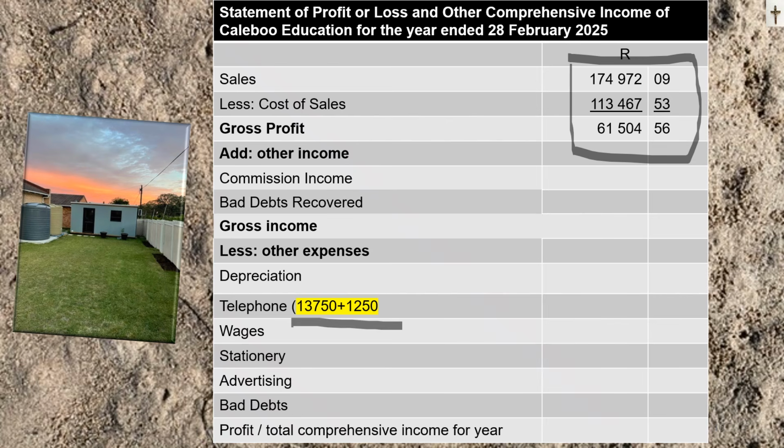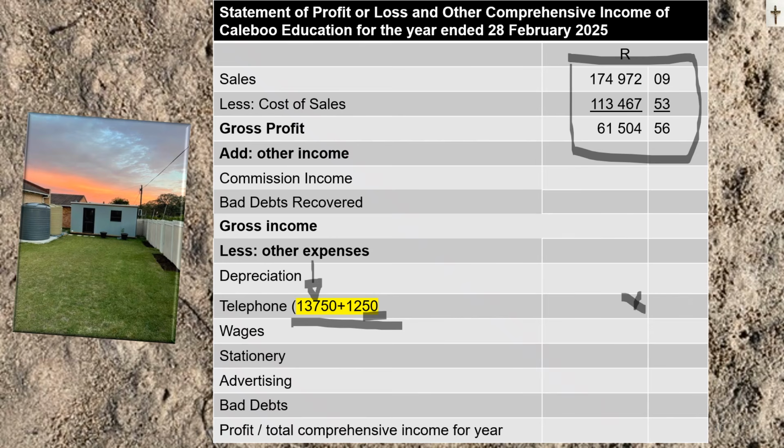This amount here, the 13,750, came off the pre-adjusted trial balance. The 1,250 is the adjustment. Now I haven't gone and totaled it up yet because who knows, maybe there's another transaction that relates to telephone, so I'll do that at the end.